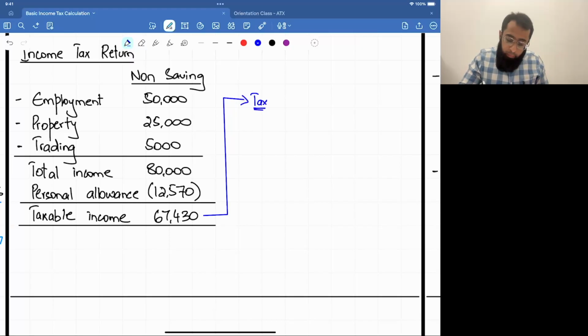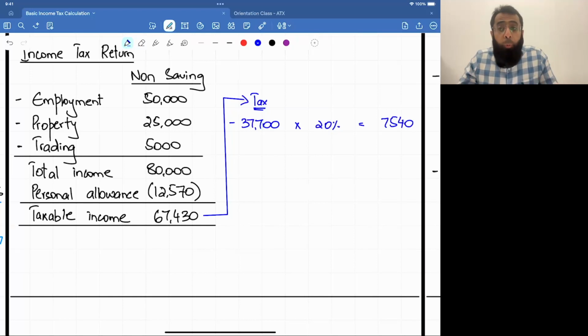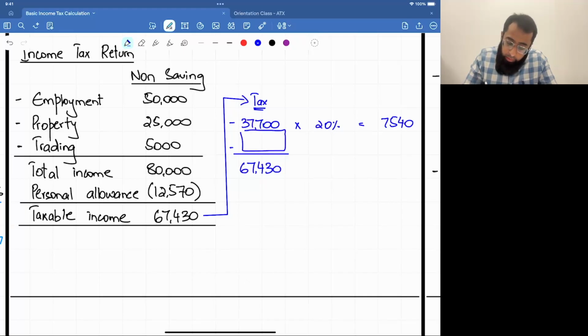Tax on first 37,700 is 20%, 7540. On the first 37,700, the basic rate band, it's 20%. Then how much is the remaining? Your taxable income was 67,430. Just take the difference.